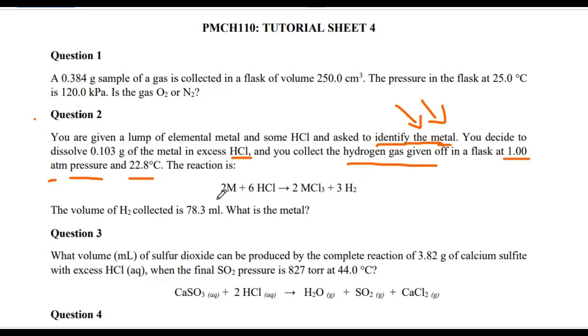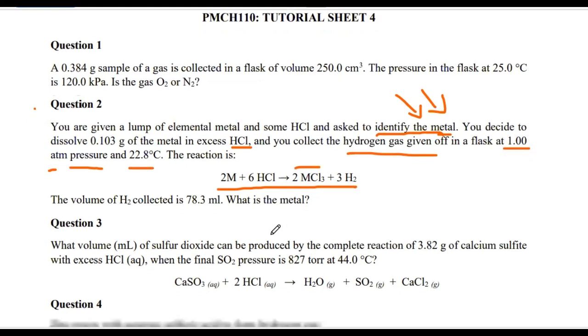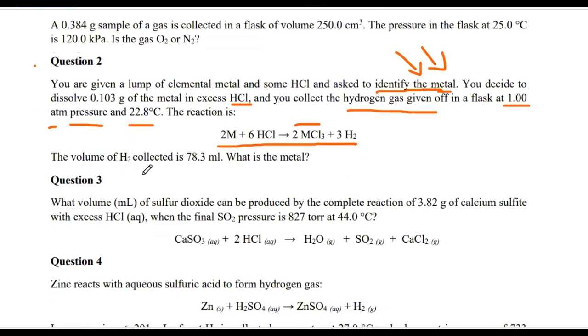Here they're showing us the reaction: 2 of the metal combining with 6 of the hydrochloric acid to form 2 of these and 3 of the hydrogen. The volume of hydrogen collected is this value here. What is the metal? For you to know the identity of the metal, you have to find the molar mass or the atomic number.